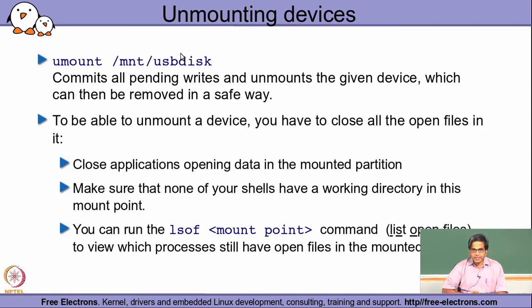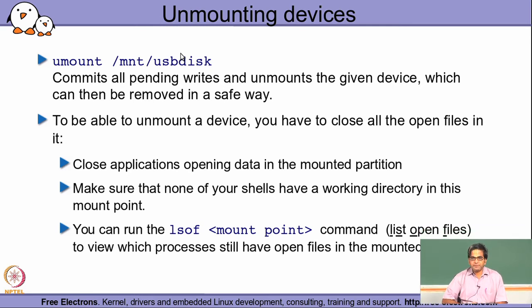Unless and until all processes that are using this particular file system have stopped using it, it cannot be unmounted. Suppose I have a shell process in which I have gone inside a directory which is available in that file system.